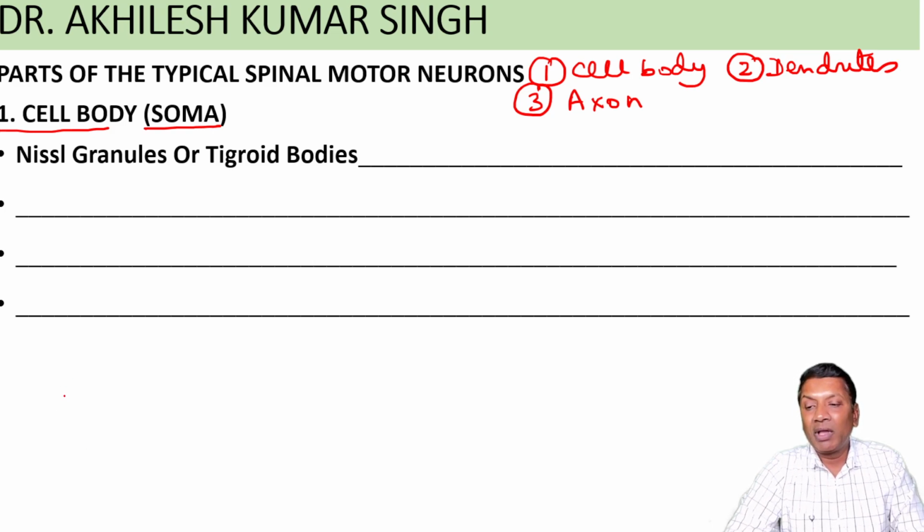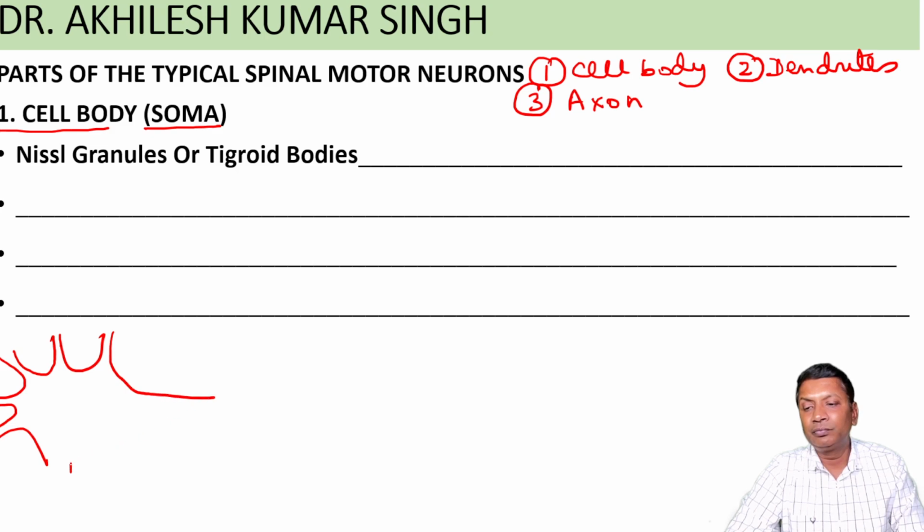So in the cell body, if I draw a diagram, look at the diagram here. I am drawing the diagram showing the dendrites and the structure of the cell body also.